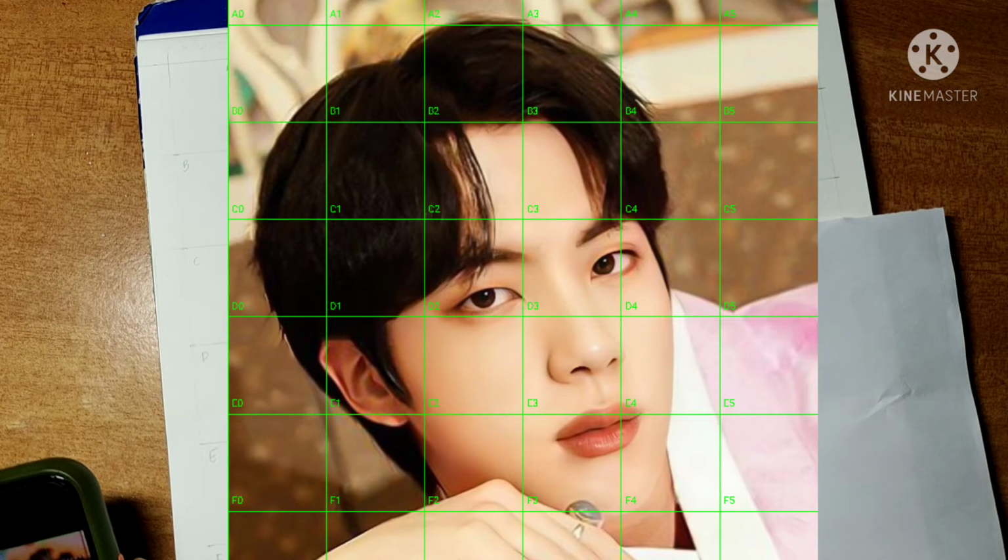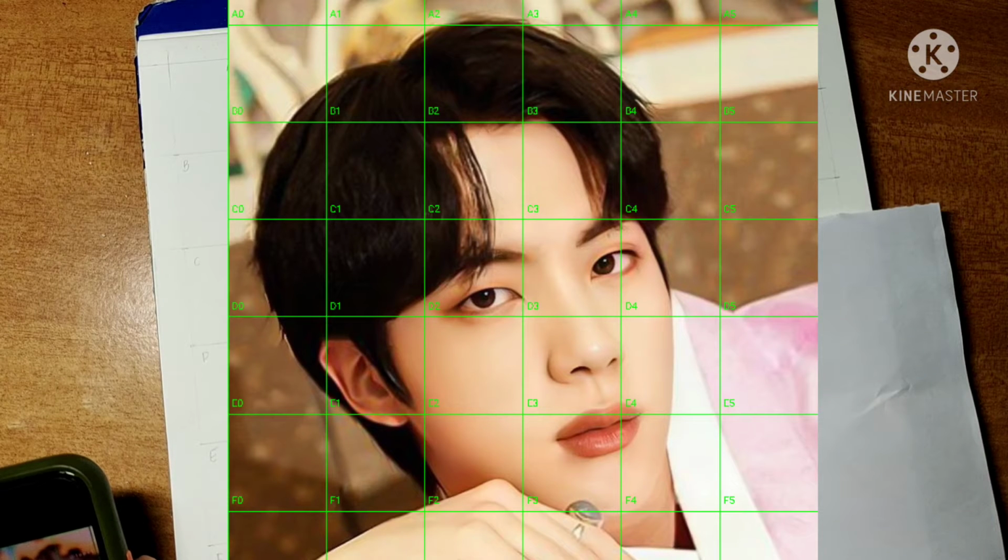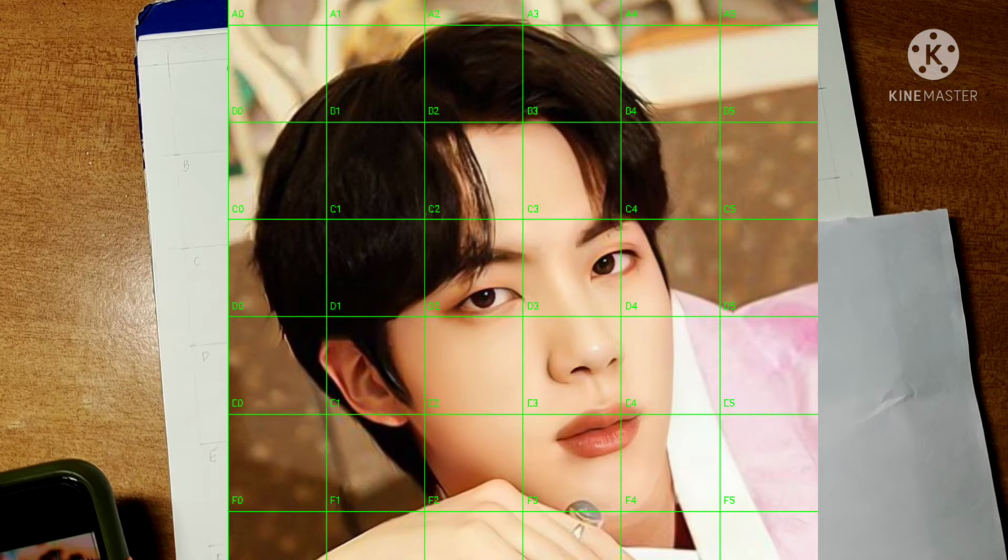Before drawing the real sketch, we will analyze the reference first so that we can understand where the actual parts of the face are placed. So now we will start with the original process.